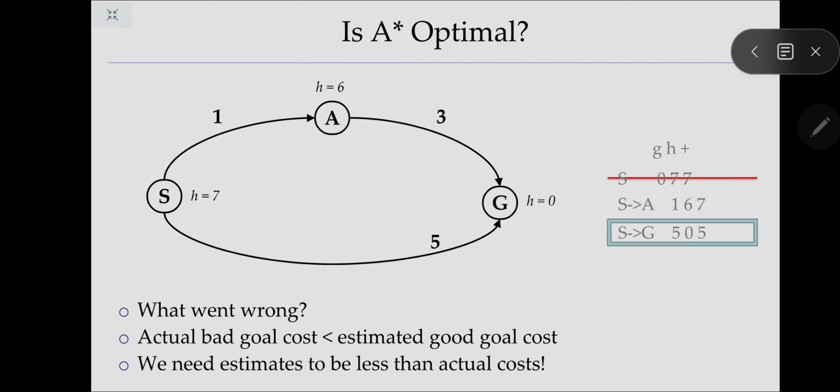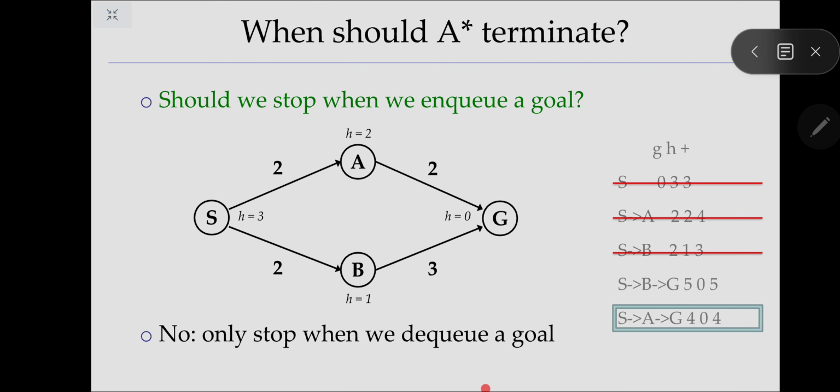But in the previous example, the exact cost between A and G is 2, and the heuristic is 2. 2 is less than or equal to 2, thus the heuristic of A is admissible. Again for B, the exact cost between B and G is 3.